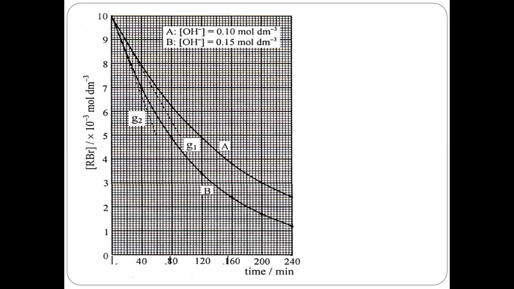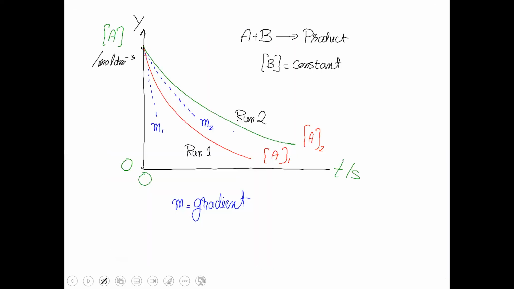In maths, tangents are always sensitive to minor changes, because if the tangent slightly shakes, the answer changes a lot. You can see here, there are two curves coming down, and the dotted lines are showing the two tangents. This is how we draw the tangents on the two concentration curves.